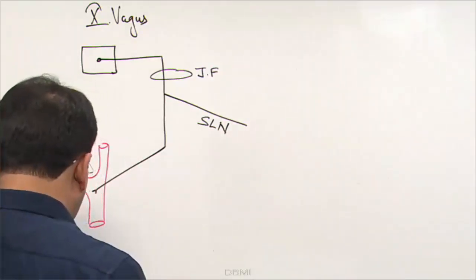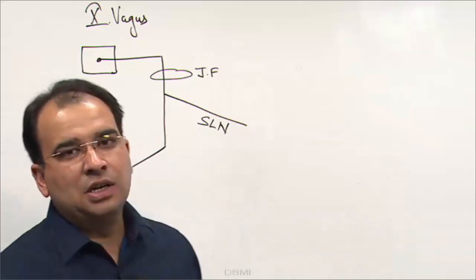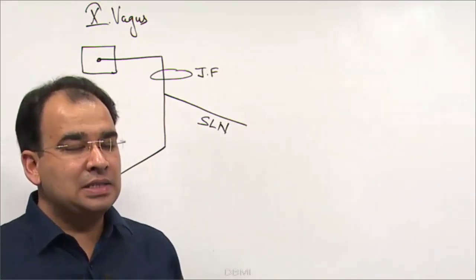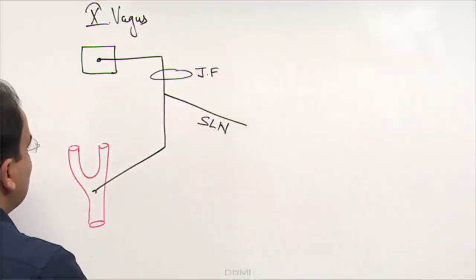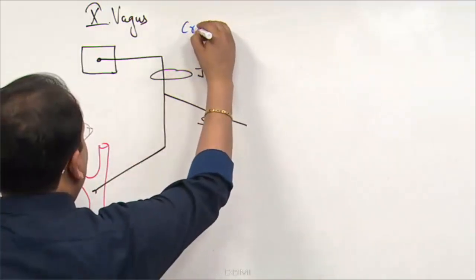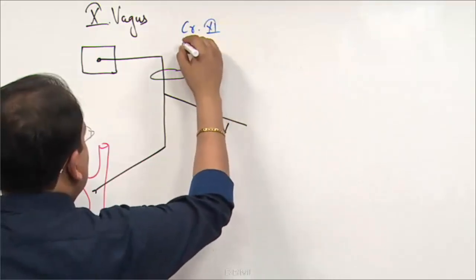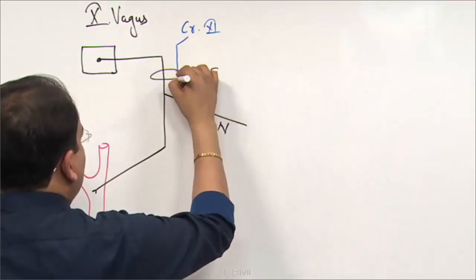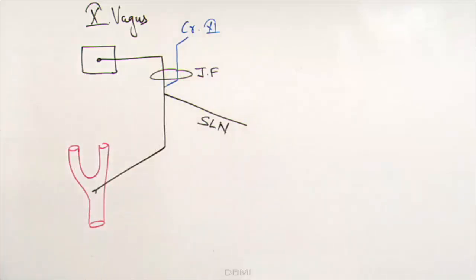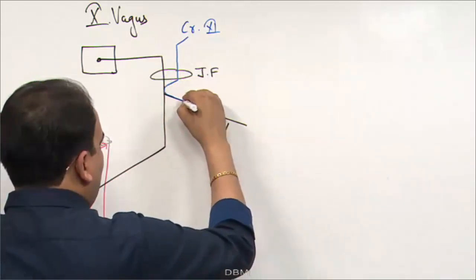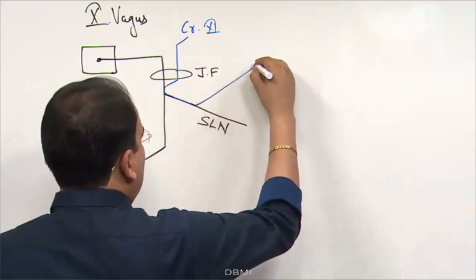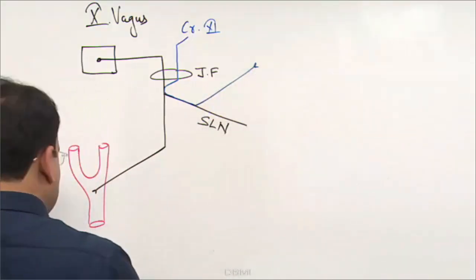Guys, now if you remember, we said the cranial accessory nerve supplies muscles of palate and pharynx, but not directly, it supplies via the vagus. The cranial accessory nerve will come out of the cranial cavity and join with the vagus nerve. And then with the vagus only, it contributes to the pharyngeal plexus.